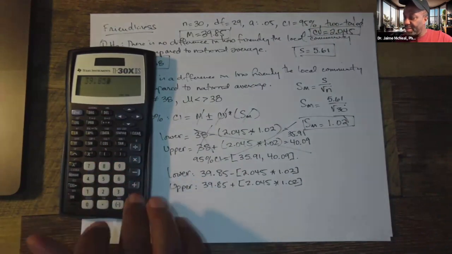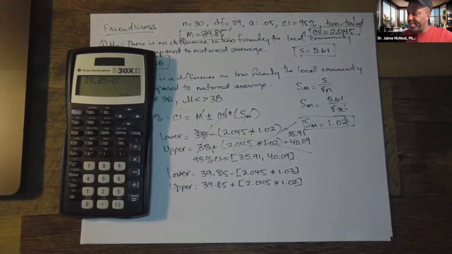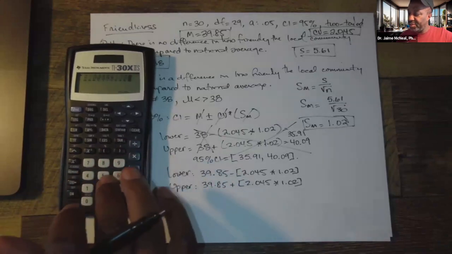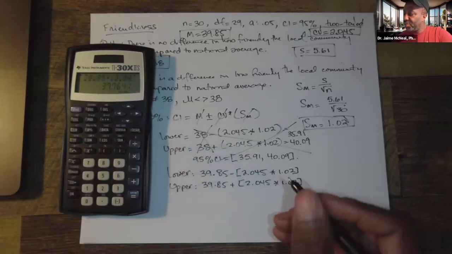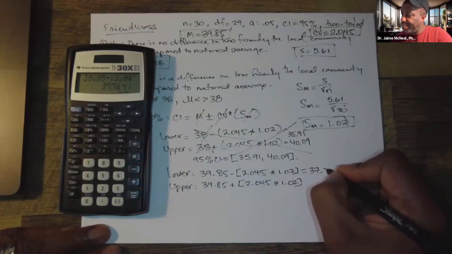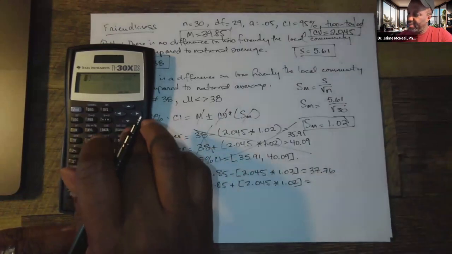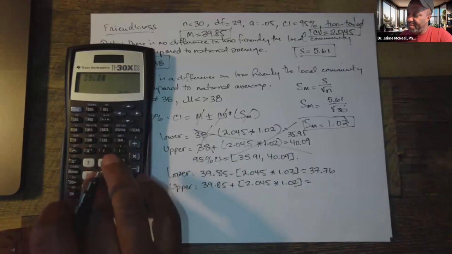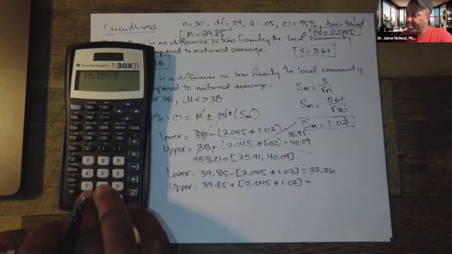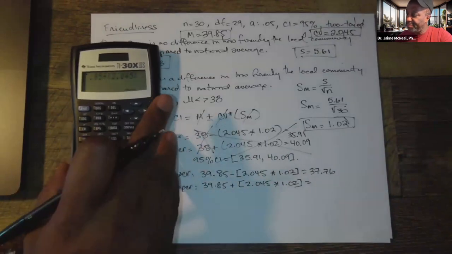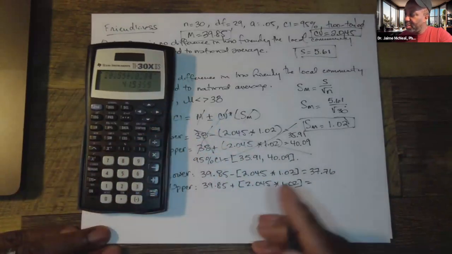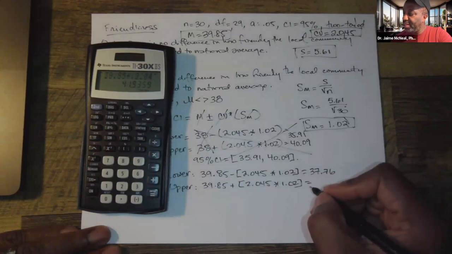So 39.85 minus, again, put the parentheses around, 2.045 times 1.02 equals 37.76. We're going to do the same thing with 39.85, but this time the upper region, parentheses, 2.045 times 1.02 equals 41.94.